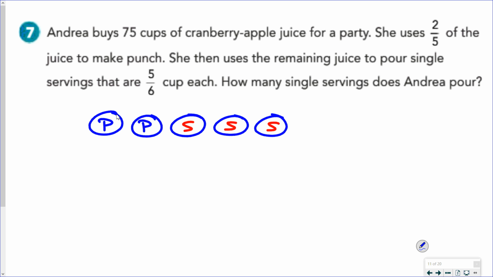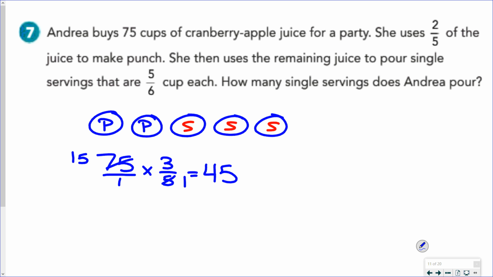I don't have 96 this time, I have 75. And I don't have 5/8, I have 3/5. So I just swap out my numbers and follow the same steps. I can divide both 75 and 5 by 5. 5 becomes 1. 75 becomes 15. 15 times 3 is 45.